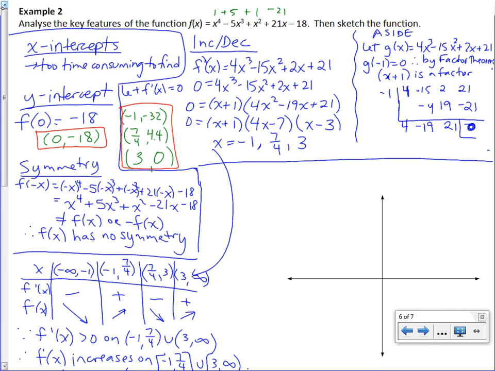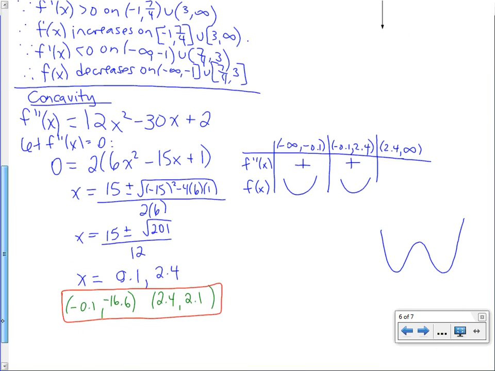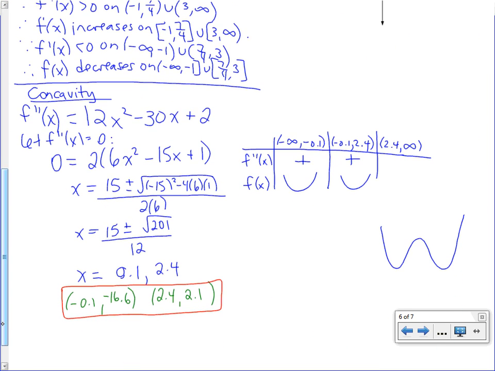So that number to the 4, answer to the 4, minus 5 times answer cubed, plus answer squared, plus 21 times answer, minus 18. I got negative 16.4. Is that what we got? Negative 16.6. I got this. So I think that part's okay.